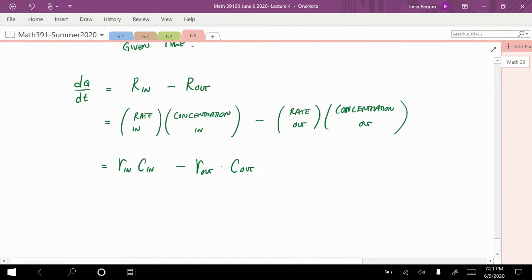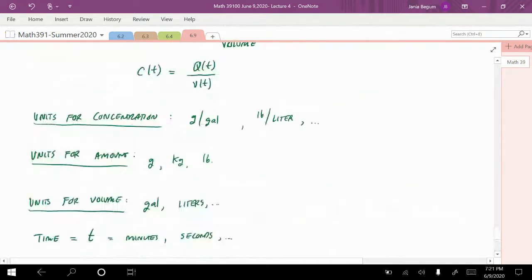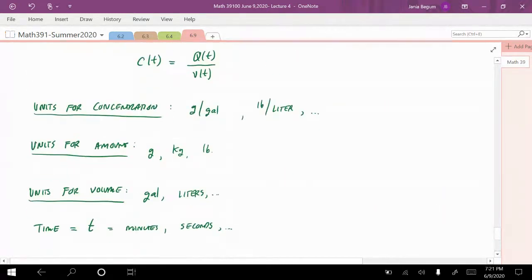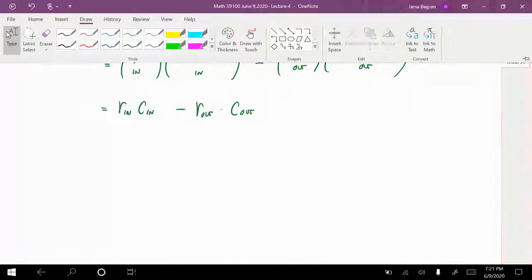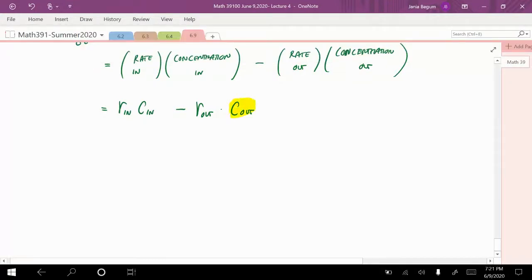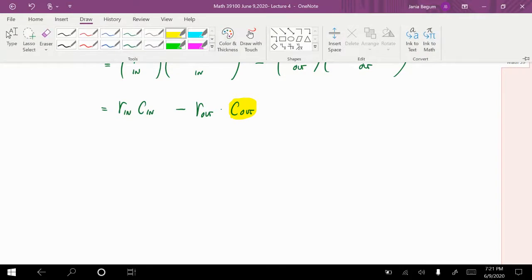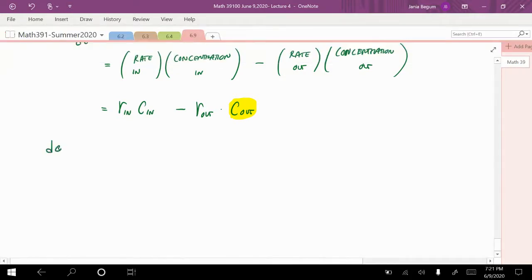Well, if you think about it, concentration, we said it's going to be measured by the amount over volume. So that's the formula we're going to use for concentration out. So I'm going to modify this formula just a little bit more. We're going to replace concentration out with the following. So we have dQ/dt is equal to r in times concentration in, minus r out times concentration out, that's going to be Q of t over V of t.